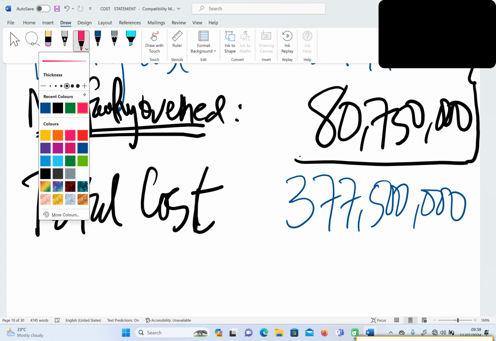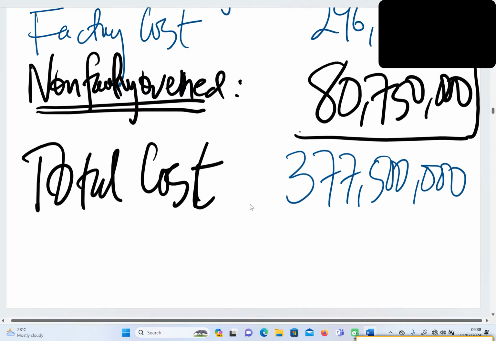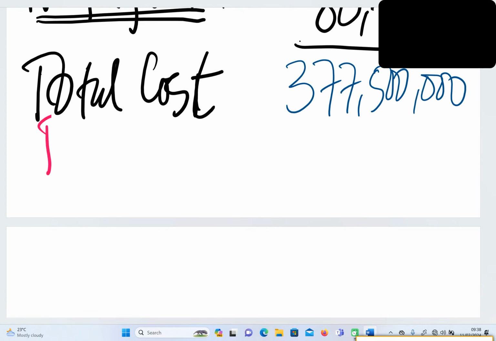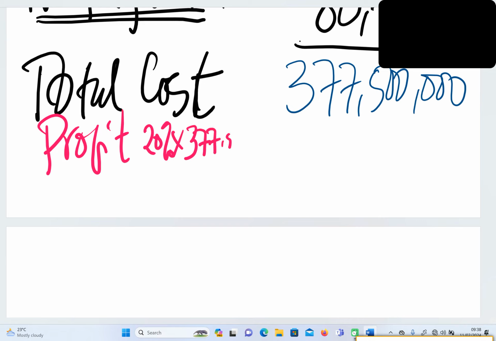Haya, ukitaka kuuza anasema markup ni ngapi? Yaani faida. Anasema ngapi faida? Profit ni asilimia ngapi? Anasema ni 20 ya cost. 37,500. Unapata ngapi hiyo? Unapata 75,500.